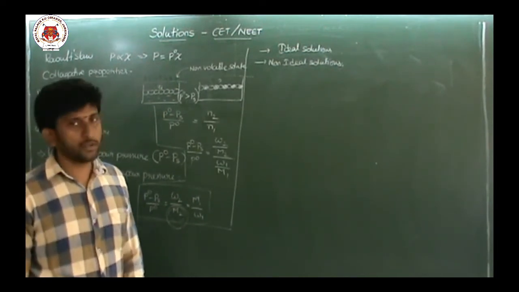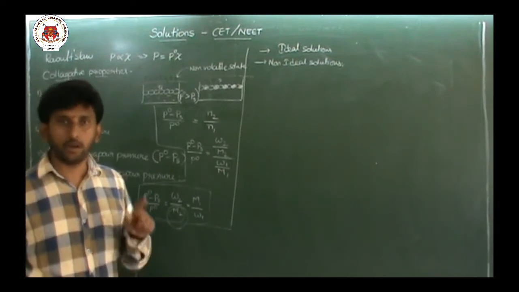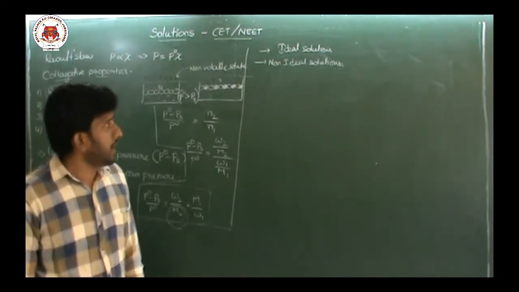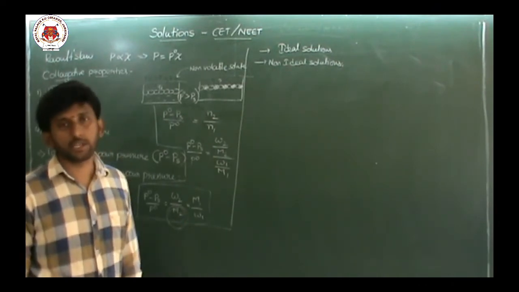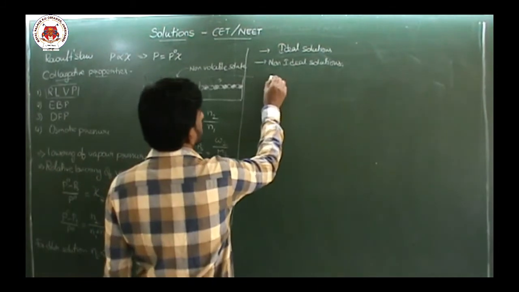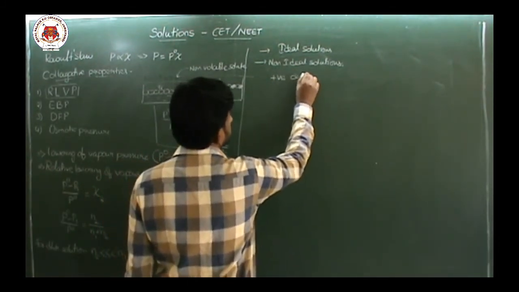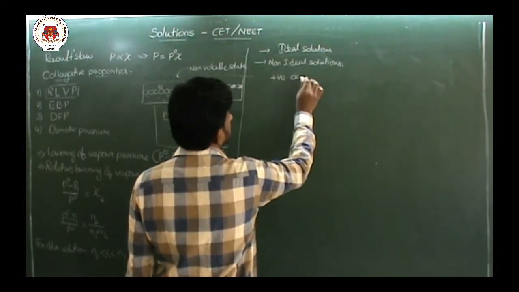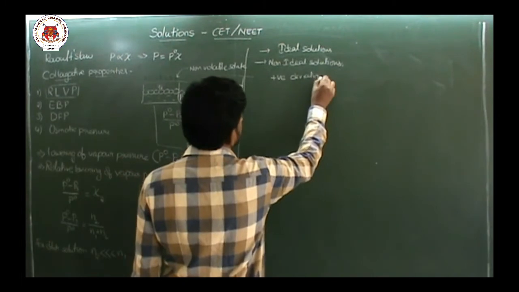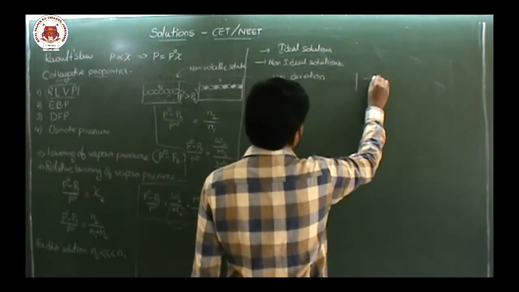What are non-ideal solutions? The solutions that do not obey Raoult's law at all conditions of temperature and concentration. And again, non-ideal solutions are classified into two types: non-ideal solutions with positive deviations and non-ideal solutions with negative deviations.